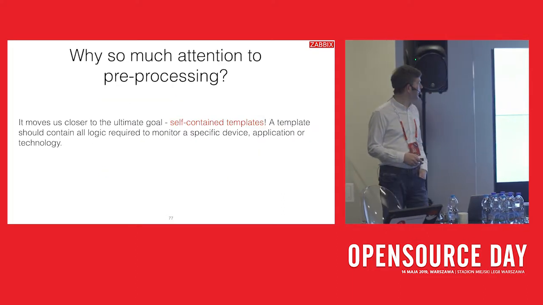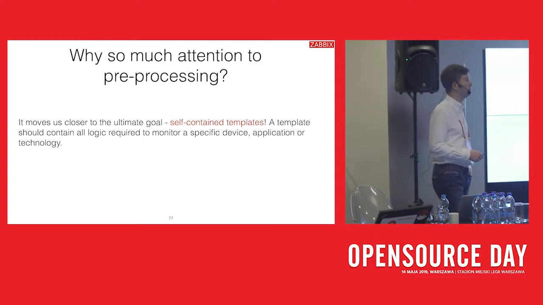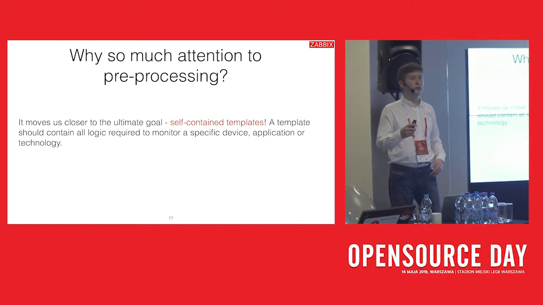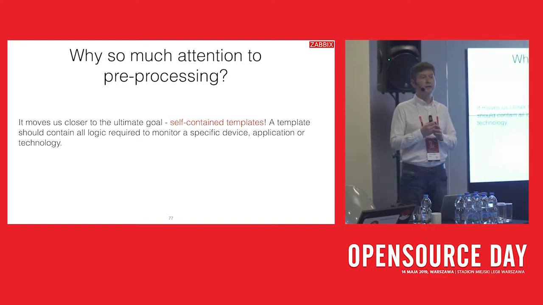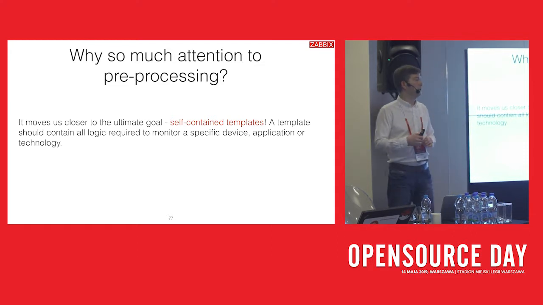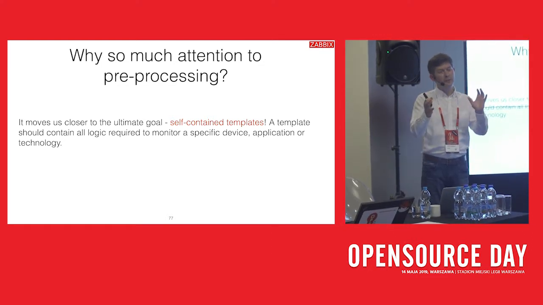So why do we pay so much attention to the proxy? Why did we do it in Zabbix 4.2? I think the main reason is that we really want to make templates contain independence. So if you want to monitor MySQL, the template should contain all the logic to monitor MySQL.